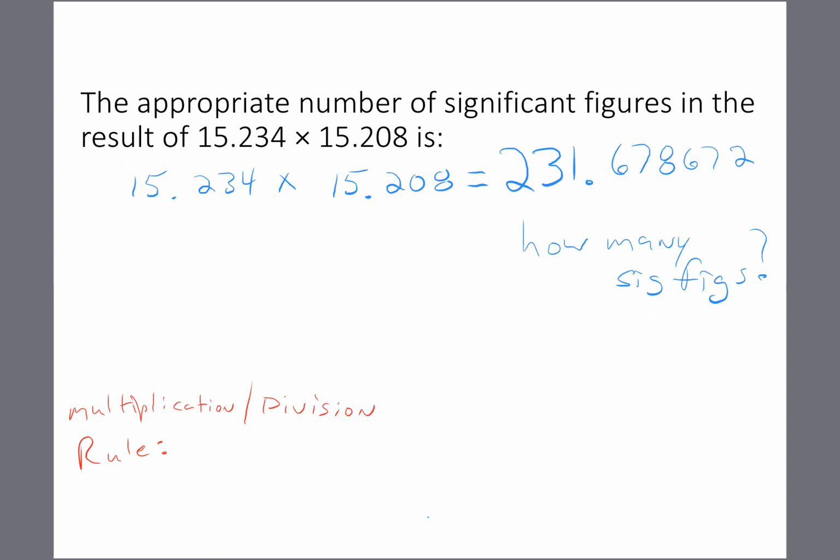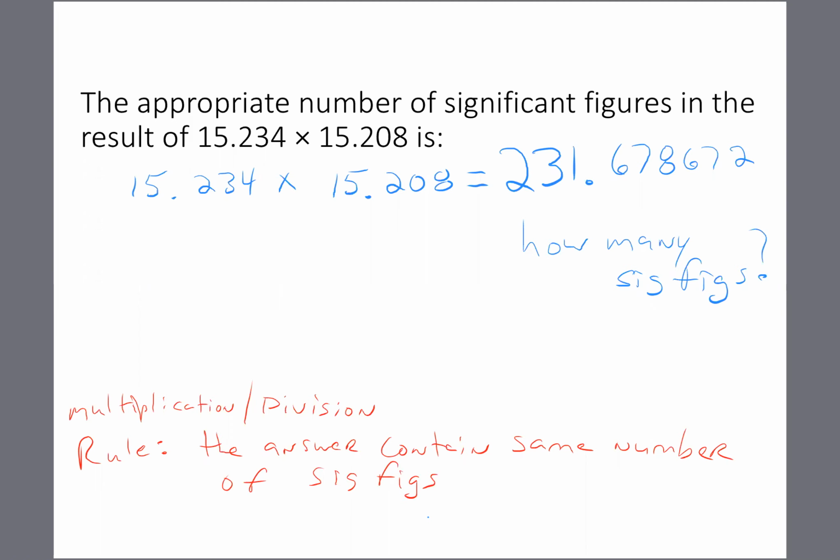And the rule for multiplication and division states that your answer will contain, or should contain, the same number of sig figs as the least precisely known value.